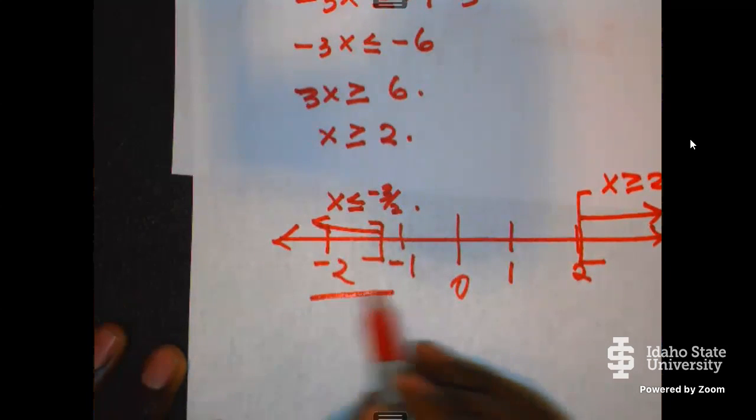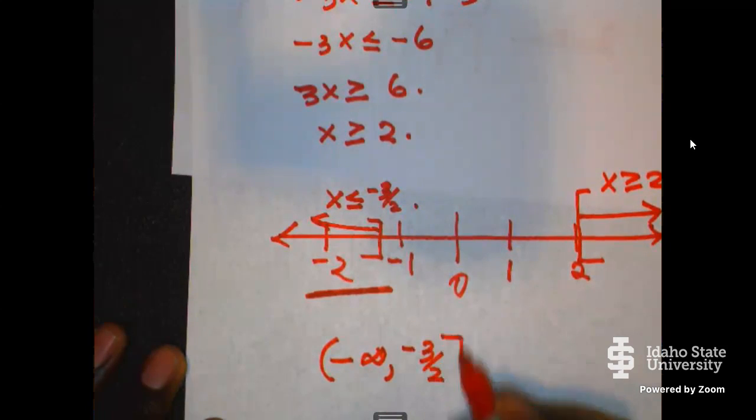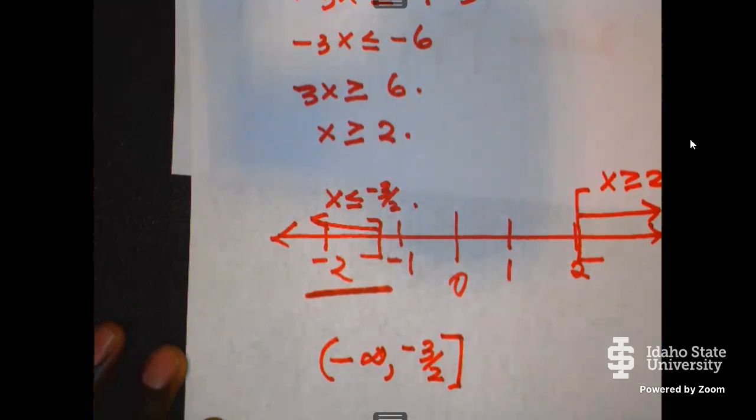So how will we write for this? It will be what? Minus infinity, right? And this one is not what? Okay. And then we have this region minus what? 3/2. And this one is what? Closed. Then here it is what? 2. And then that one is closed.